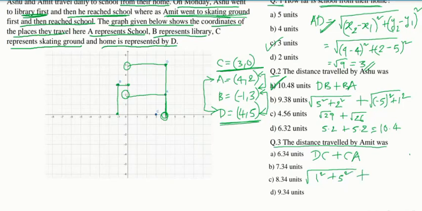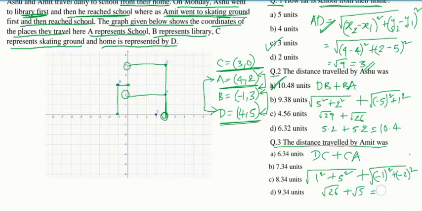Now take C and A. So apply the distance formula. Square root of 3 minus 4 is minus 1, so minus 1 square plus 0 minus 2 is minus 2 square. So this is nothing but 1 square is 1 plus 25, so root 26 we will get, plus 1 plus 4 is root 5.